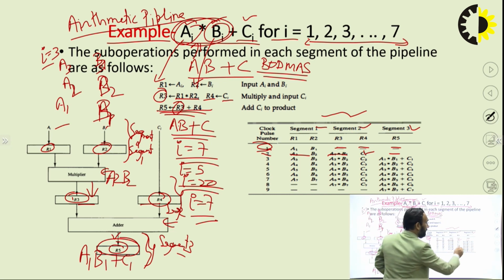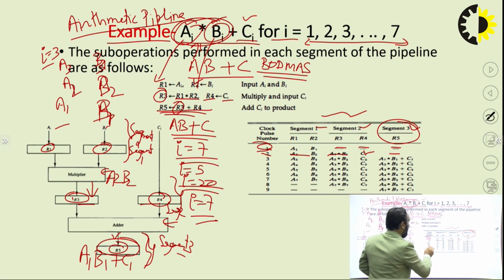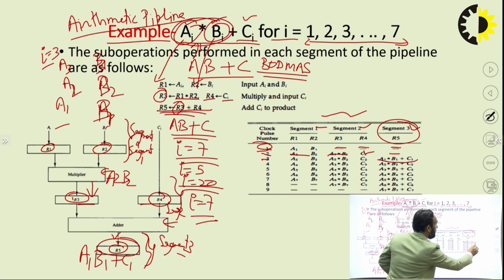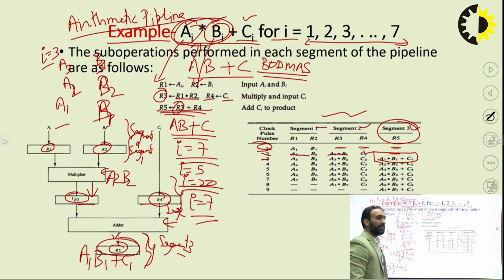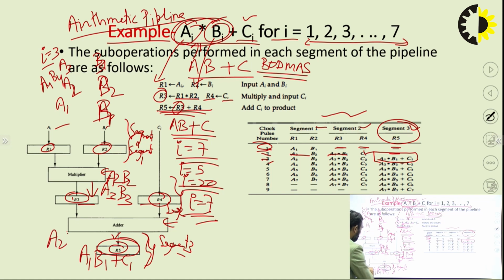As we see here in segment 3, at unit time 3, the first instruction will execute, or we can say the first complete equation will execute. But up to what level do we have to execute? That is I is equal to 7. When we go to 4, similarly to the previous stage, we have A4, B4, segment 2 processes A3, B3, and segment 3 processes A2, B2.